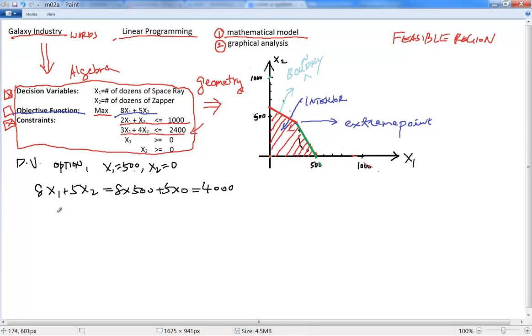By that I mean, if we set up 8x1 plus 5x2 equal to 4,000, this equation describes all the points, or in the context of the galaxy industry, all the different production plans that produce a profit of 4,000.